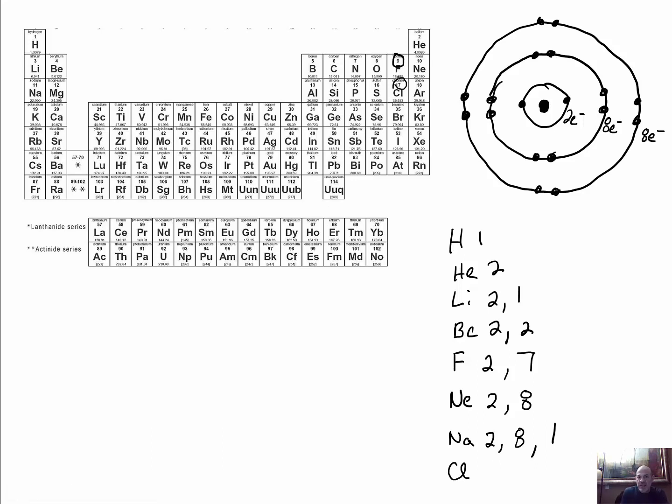Remember the atomic number in the periodic table tells you the number of protons, and then you have to be neutral, so you have the same number of electrons, 17. The first 2 go in the first energy level, and we've maxed it out. The next one is going to get 8. Now that's a total of 10. But we need 17, so that leaves 7 more. And the 3rd energy level can actually hold those last 7.